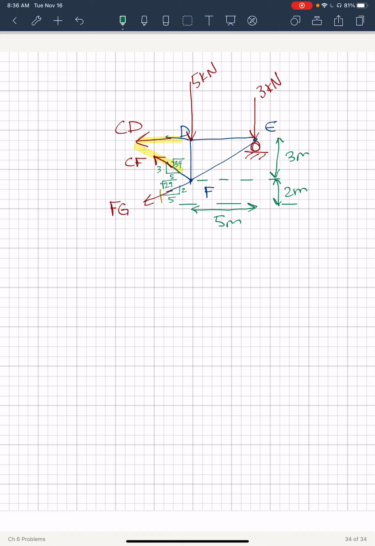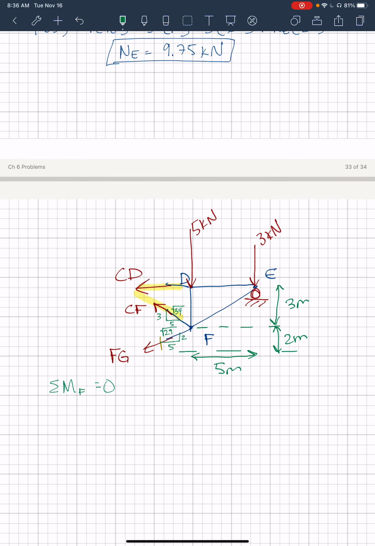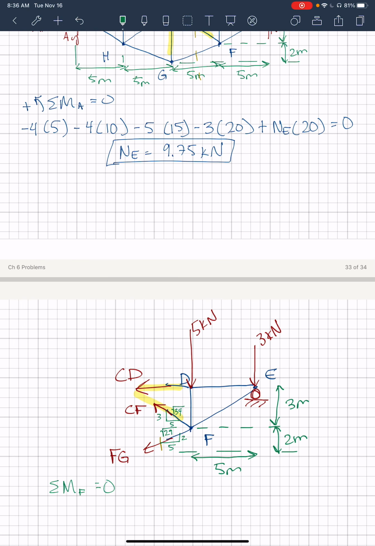So we can solve for CD and CF. If we sum the moments about point F equal to 0, we need to change that roller force that we'd found. That was 9.75 kilonewtons, which is NE, sorry.